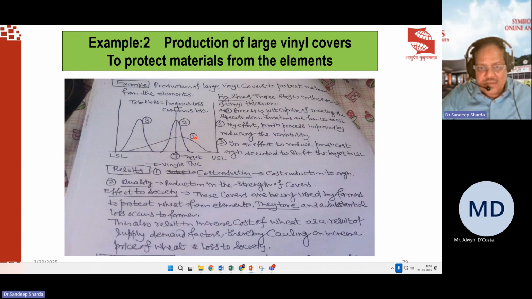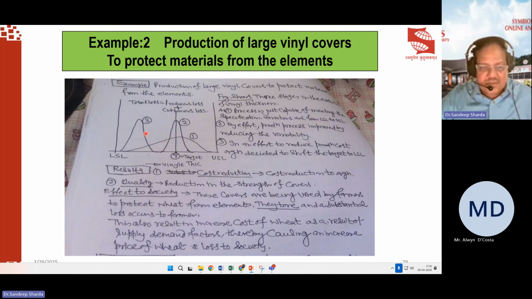So if we go with the first one, the total loss is the production loss, the producer's loss and the customer loss. The process is just capable of meeting the specifications, variations from the LSL to USL. By effort, the production process is improved by reducing the variability, as in graph number two. The third one: to reduce the production cost, the organization decided to shift the target to the LSL.